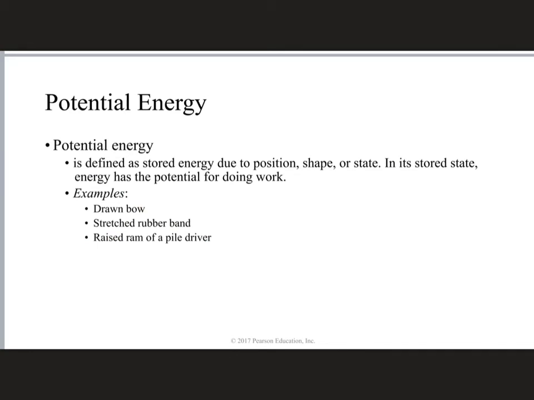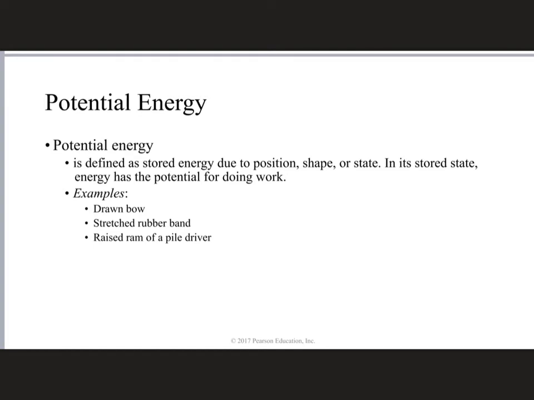So here we have potential energy. Now, potential energy is defined as stored energy due to position, shape, or state. And in its stored state, the energy has the potential for doing work or to be converted into motion. Now, some examples of potential energy are a drawn bow.